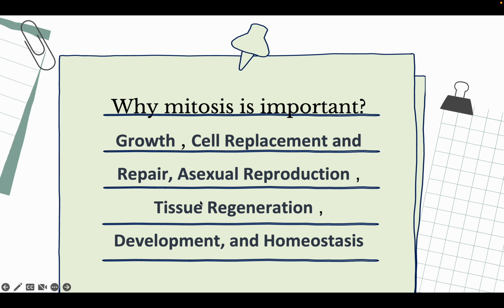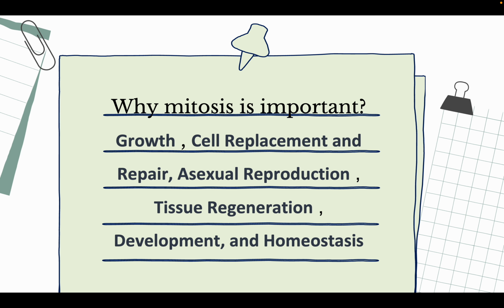Tissue regeneration. In certain animals and tissues, mitosis plays a vital role in tissue regeneration. What is the example for this? It is like in animals, like the starfish or the salamanders, mga butiki.